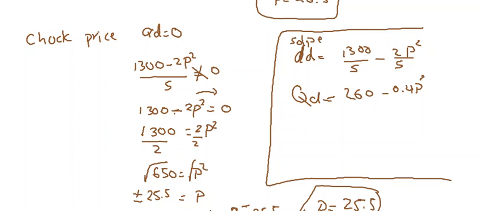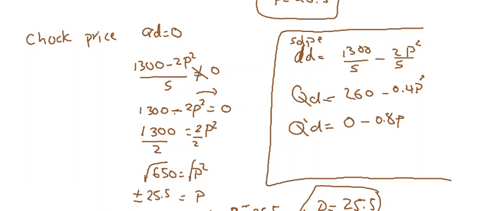By the derivative, Q prime of D is equal to 0 minus 2 multiplied by 0.4, it will be 0.8p.